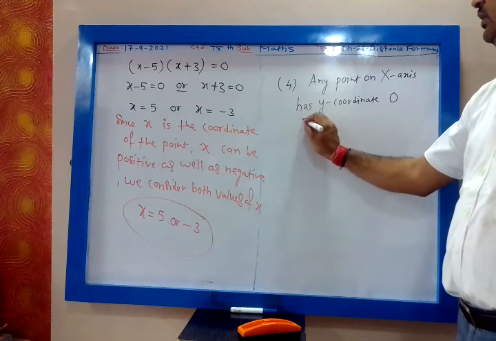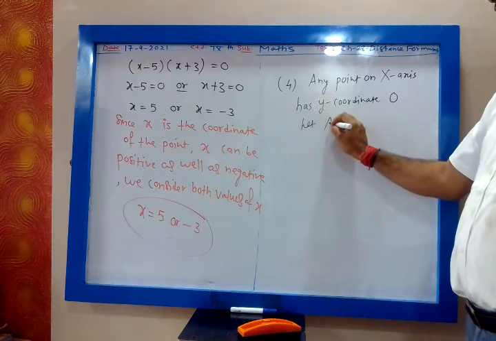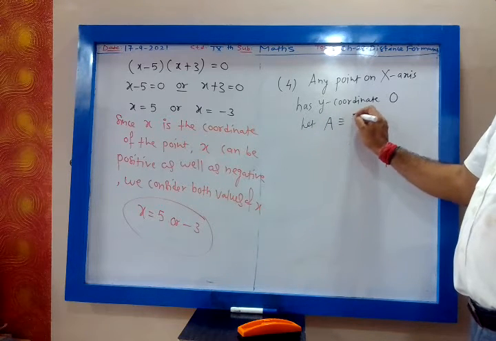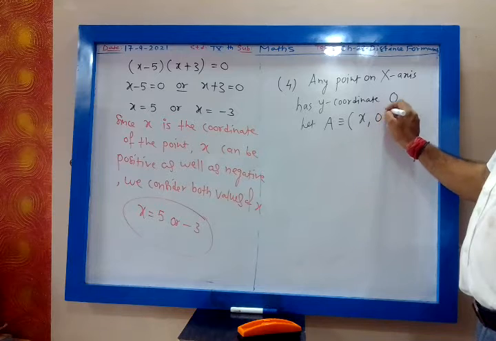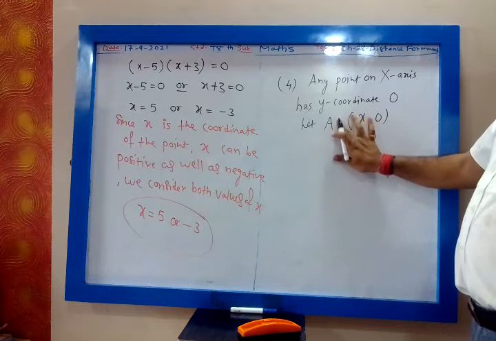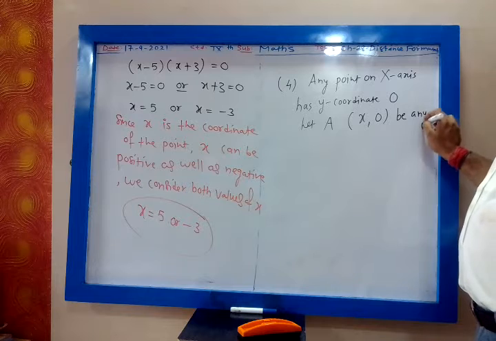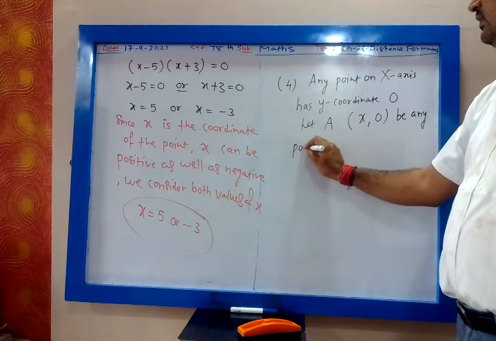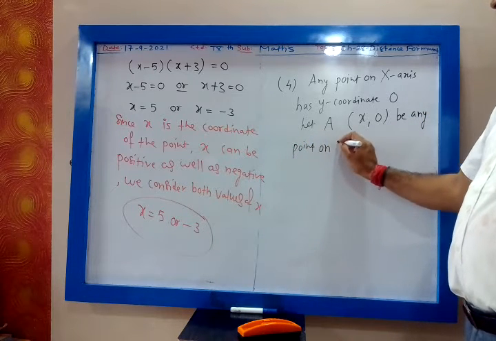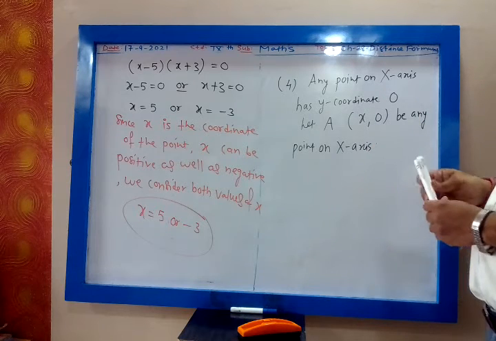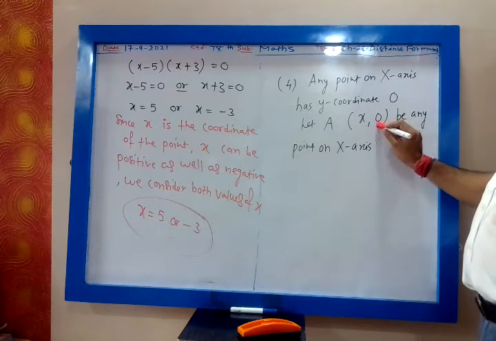So let A be the point having coordinates x comma 0, any point on x-axis. Any point on x-axis has y coordinate 0, the second coordinate.